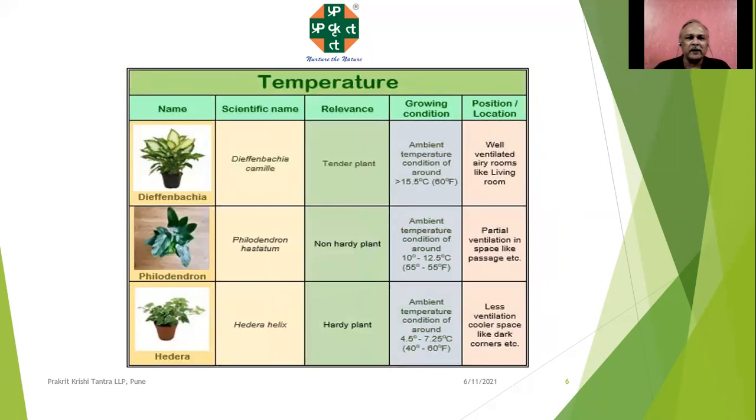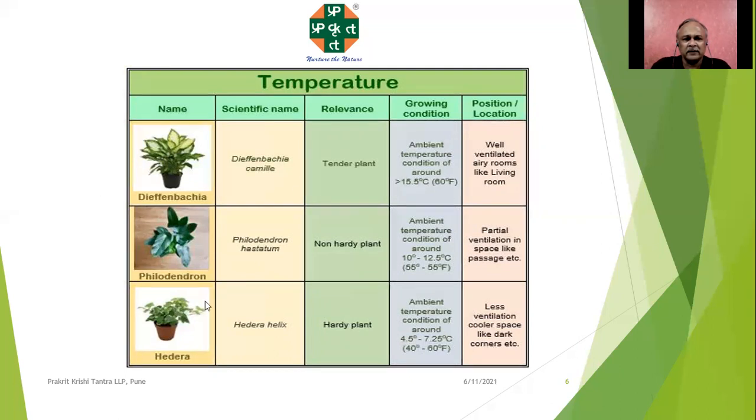In that, I have given three groups of temperature, three ranges of temperature, can say, and three plants I have taken here. There are certain plants which grow well in high temperature condition. When I say high temperature, it means normal and above normal. And you can see here that above 15-16 degrees centigrade or 60 degrees Fahrenheit, the plants are generally of tender type. They are quite tender and they need extra care.